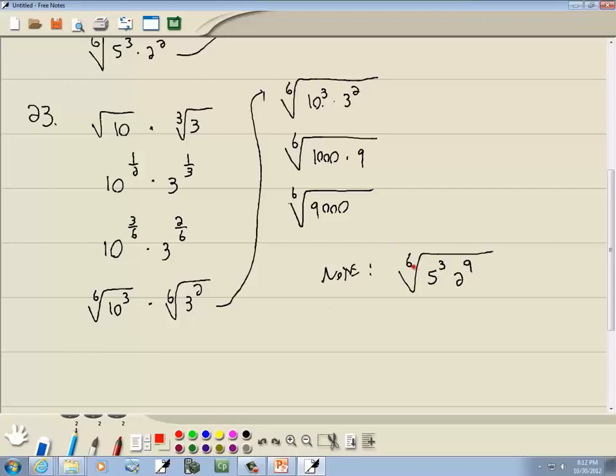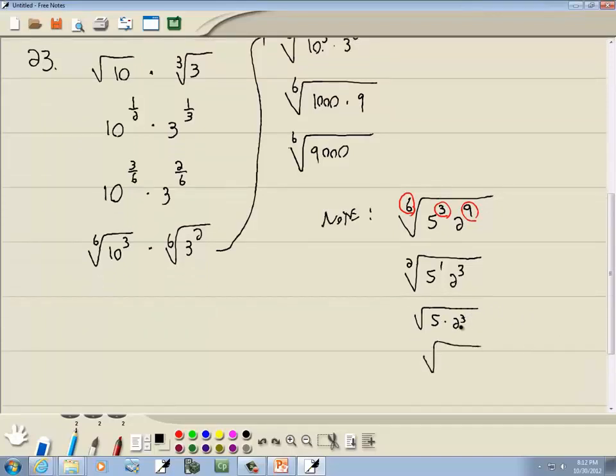We got a property that says if you can divide the index and all of your powers inside, all of them, by the same number, do so. Well, these are all divisible by 3. 6 divided by 3 is 2. 3 divided by 3 is 1. 9 divided by 3 is 3. Which then just gives us the square root of 5 times 2 to the third.